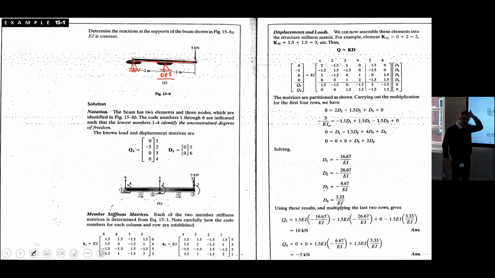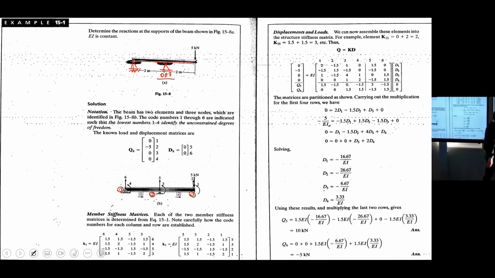And this numbering is really up to you. It's arbitrary. There is no rule about what kind of sequence you're following. Okay? Just like this, we have three nodes. 1, 2, 3. This is node, this is node, this is node. We have 3 nodes, right?